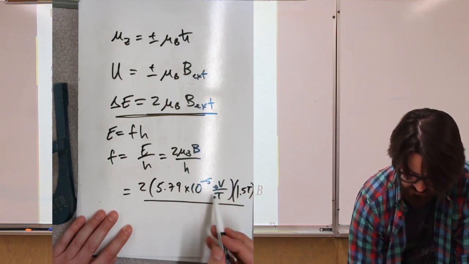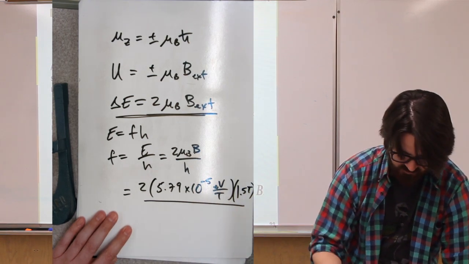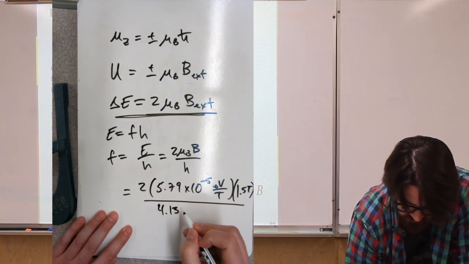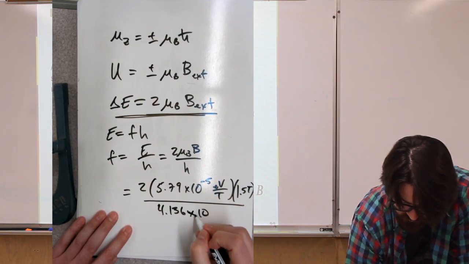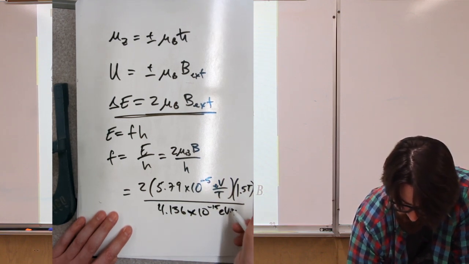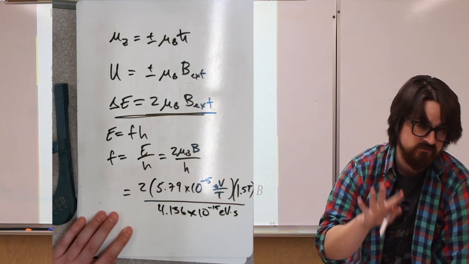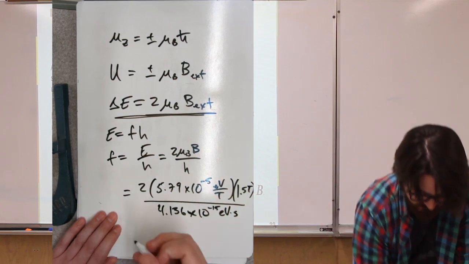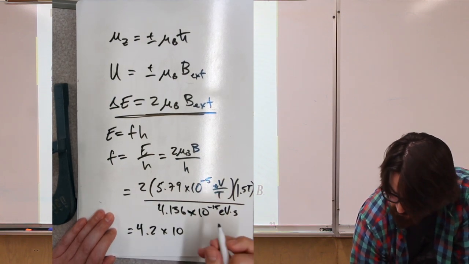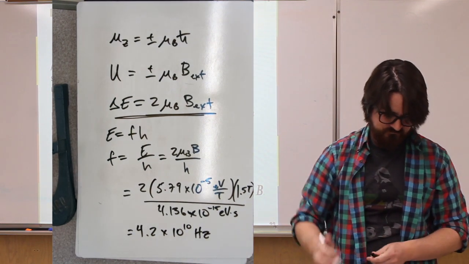And since we're using this Bohr magneton in terms of electron volts, we should write Planck's constant in terms of electron volts, which was that. Right, so the electron volts and the Teslas go away, and we're going to end up with units of 1/seconds, or hertz, which is good because that's frequency. It becomes 4.2 times 10 to the 10th hertz.